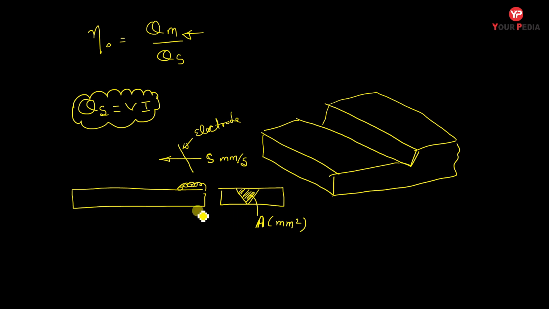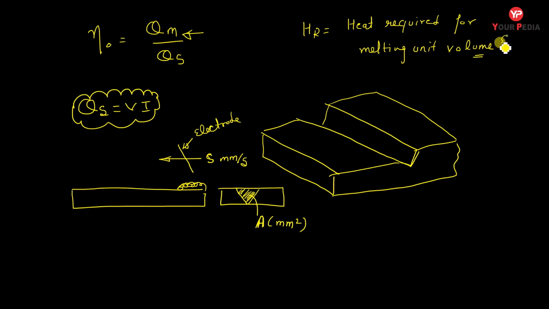Now for every metal there is one quantity that we call HR. HR is basically the heat required for melting unit volume. The unit is joule for heat and mm cube for volume.